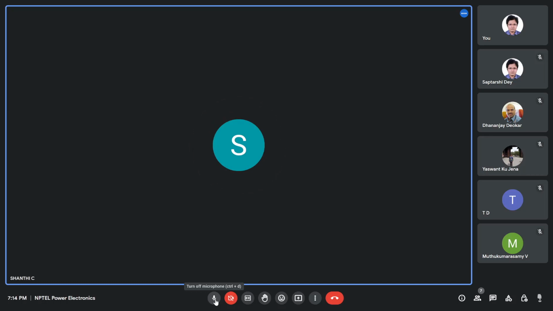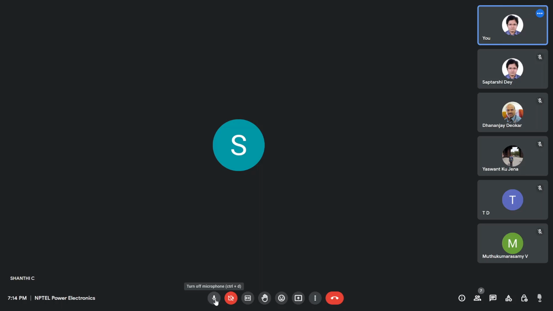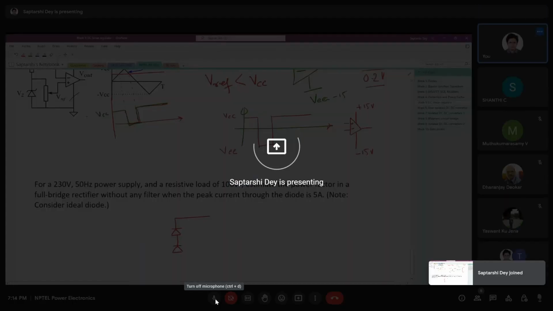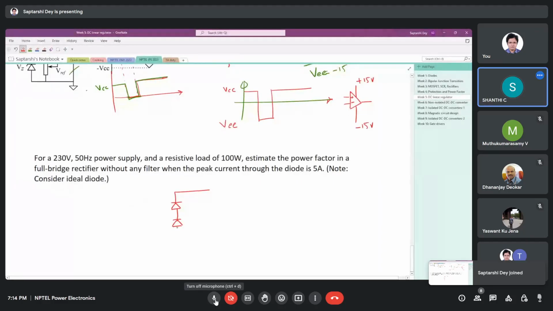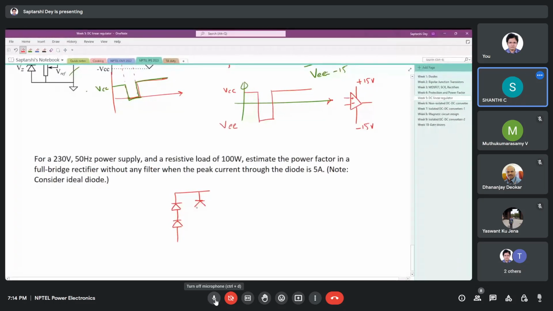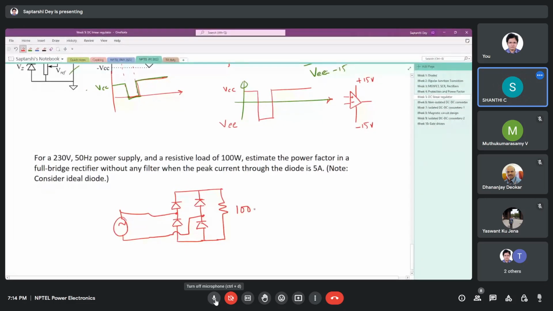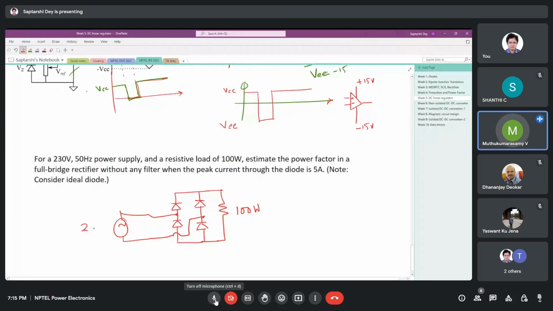So it is here. Okay, 100 watt. So the current flowing through the load is sinusoidal only.